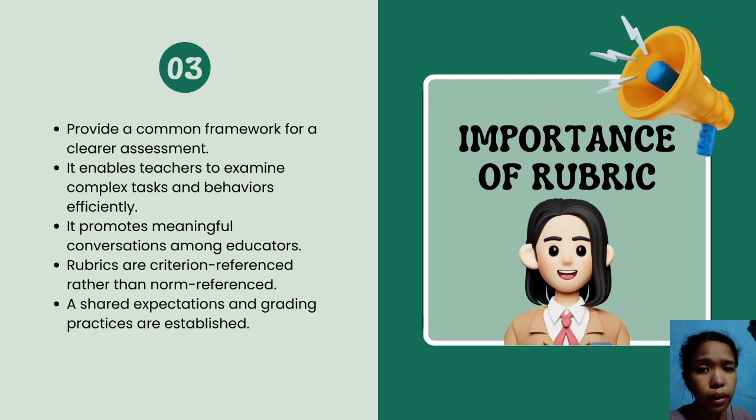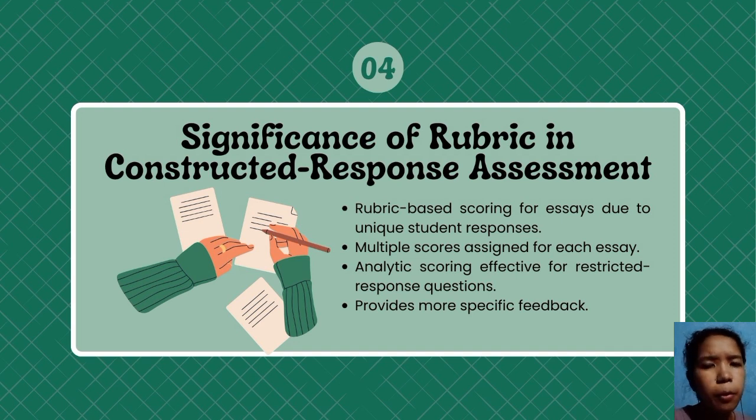More importantly, rubrics are also criterion-referenced, which means students' work is graded according to set standards, not compared with each other. That makes rubrics important because they give fairer and more transparent results. Now, where can rubrics be effectively used? One good example is in constructed response assessments like essays, reflections, or open-ended questions.